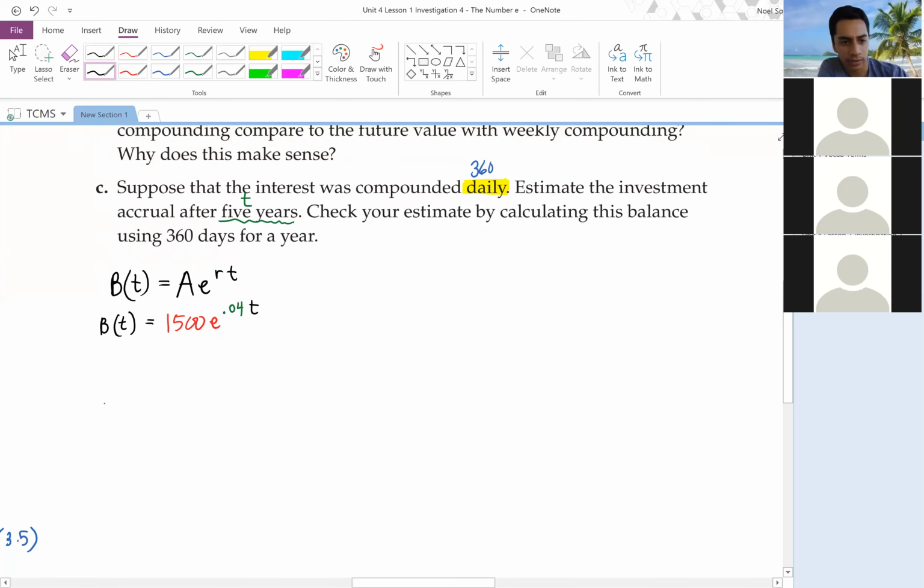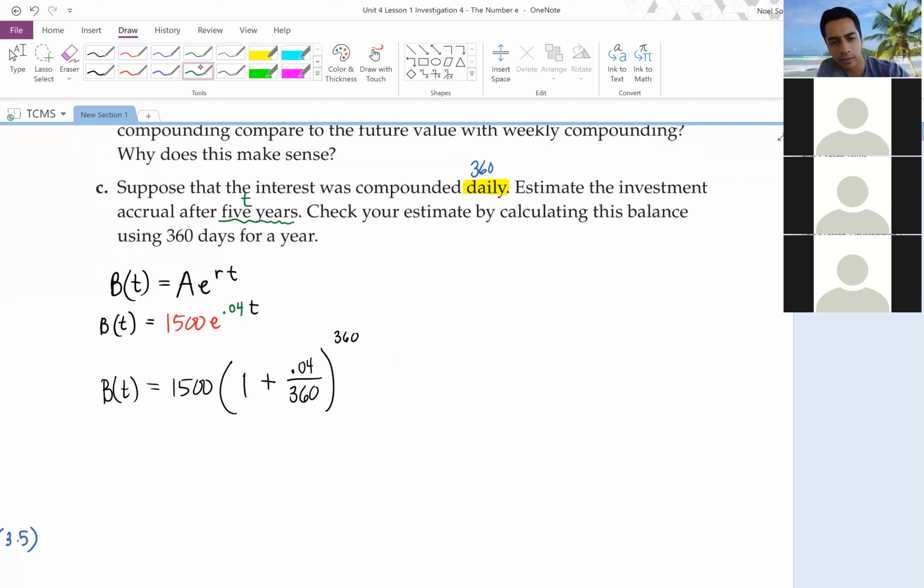So if we wanted to do so, then that would be B of T is equal to 1,500 as the initial investment, 1 plus the rate. The rate is still 0.04, but my n value is 360 now, to the 360, and they're telling us the time, and the time is 5 years. Let's see what we get.